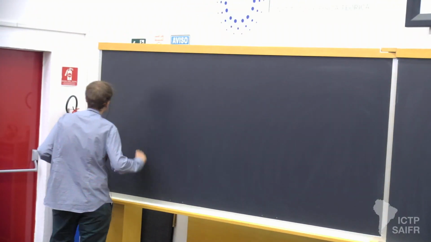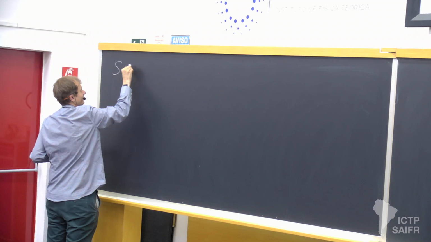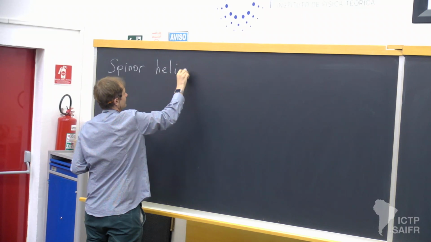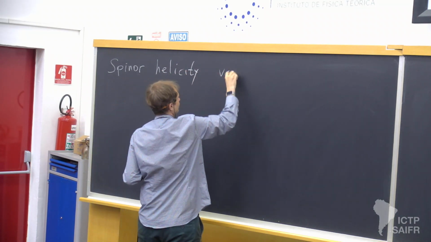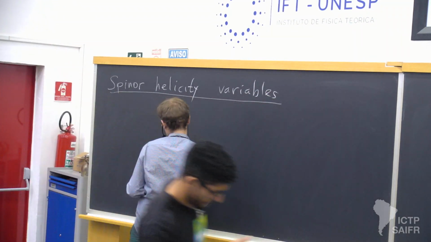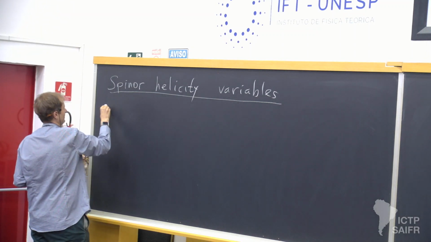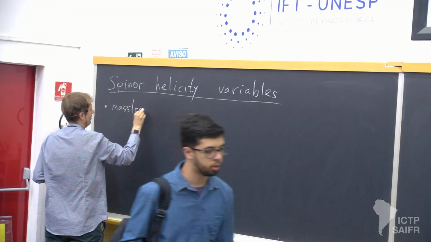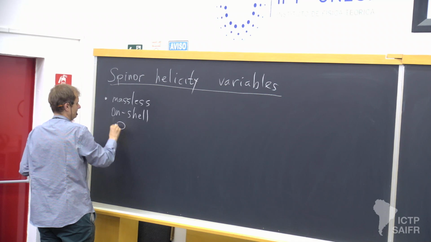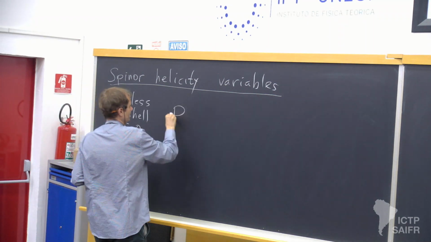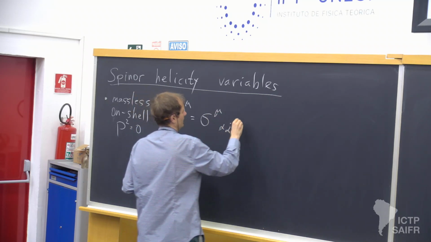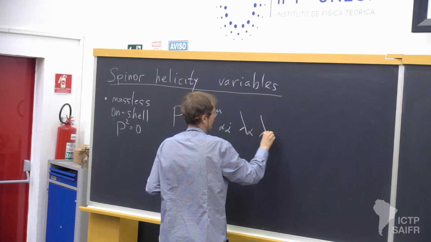So we ended this introductory discussion with introducing Spinor-helicity variables. We said that we can write for massless particles, on shell, p squared equal to 0, the four-momentum in a factorized form using two spinors, lambda and lambda tilde.